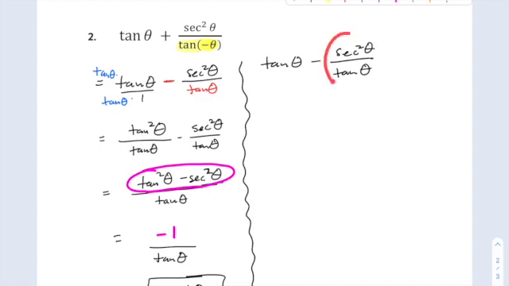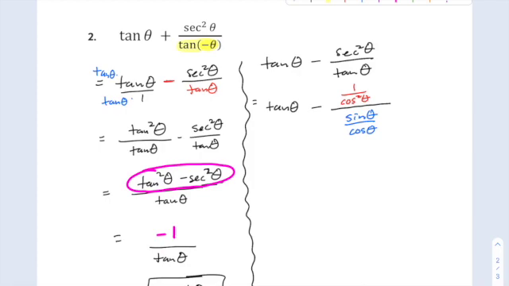Now I'm going to take a couple steps and simplify this right here. So I'm going to leave this tangent of theta totally by itself. I'm not going to do anything with it yet. But secant squared, I'm going to rewrite that as sines and cosines. Secant squared is 1 over cosine squared. And in the denominator, tangent is sine over cosine.